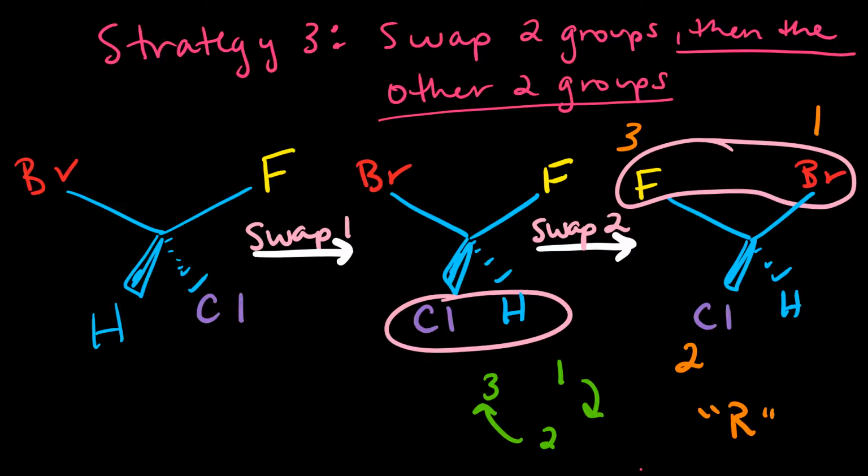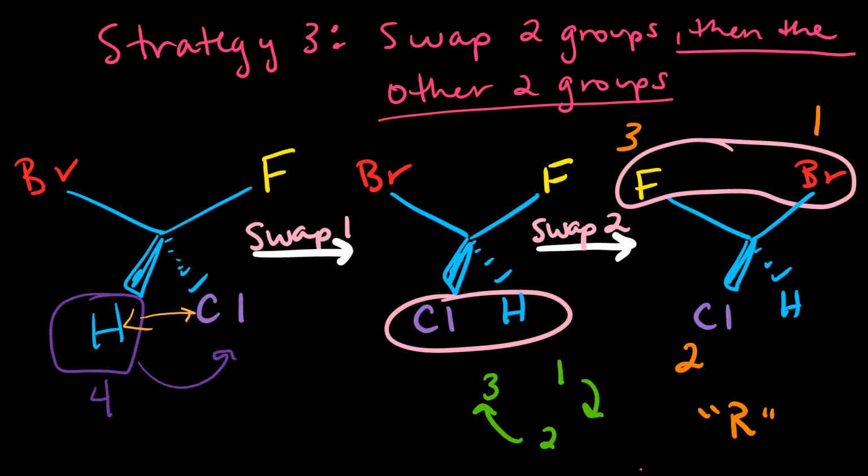Finally, the third strategy you could try is to swap two groups and then the other two groups. And I have that second part underlined because this is where you can mess yourself up if you forget to do the second swap. So if we have group 4 here and we want to have it in the back, we can simply switch these two groups around.